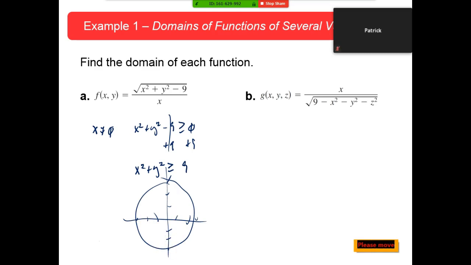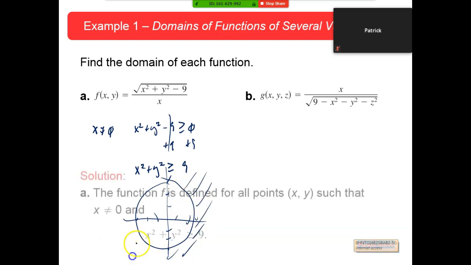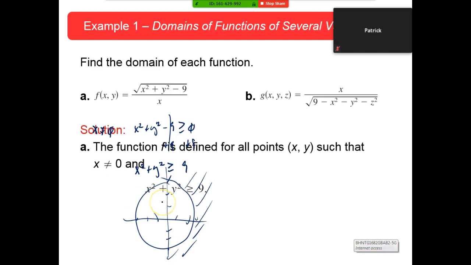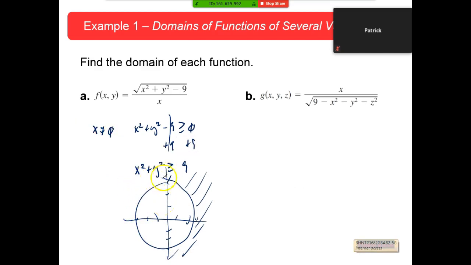Okay? So, what does it mean that x squared plus y squared has to be greater than or equal to 9? Isn't this it? Anything outside that circle, including the circle, because of the equal sign there. Agreed? Okay.